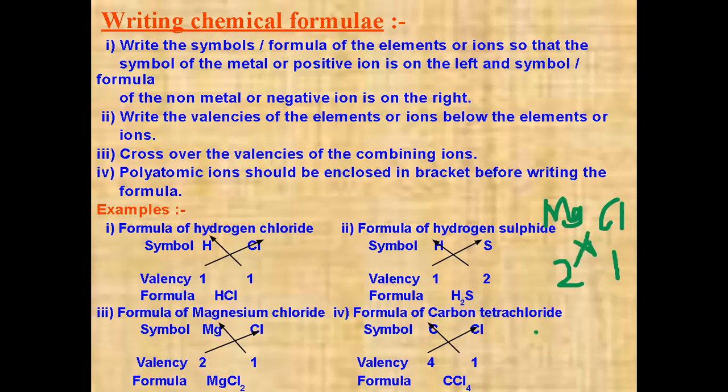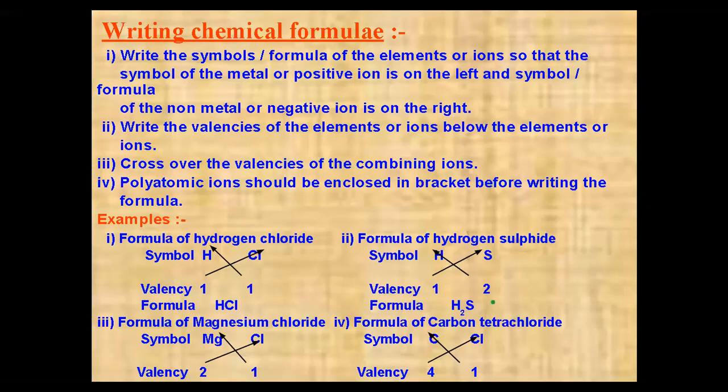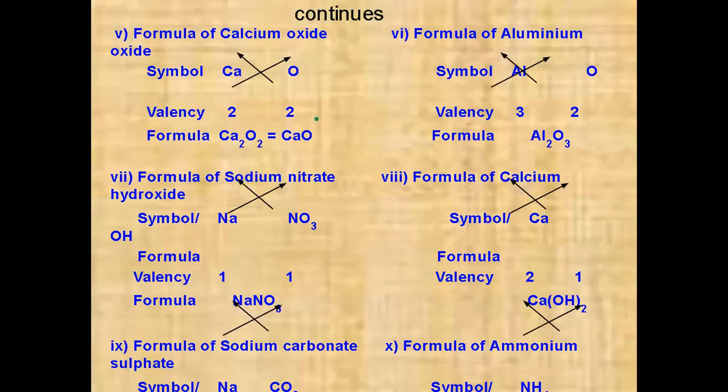So what happened? Mg Cl 2. Done? Very easy. Writing chemical formula is the easiest thing ever. All you have to do is just remember their valencies. And in this way, this continues. Okay?